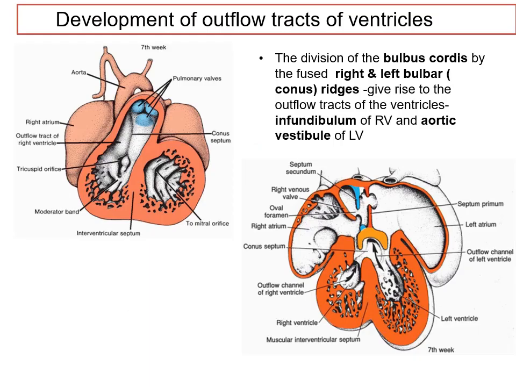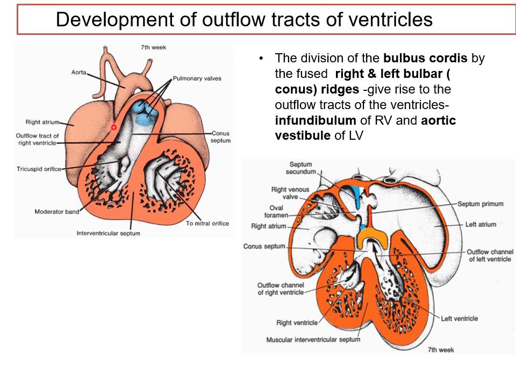Now let's see. Remember, we spoke of the bulbus cordis. So we have partitioned the common ventricle. The chamber above that, if you recall, in the heart tube was the bulbus cordis. Now the right and left bulbar ridges, also called conus ridges, grow towards each other and fuse. So that common bulbus cordis is also partitioned into two, and what will it give rise to? It ultimately persists as the outflow tracts of the two ventricles. On the right ventricle side, what is that outflow tract area known as?